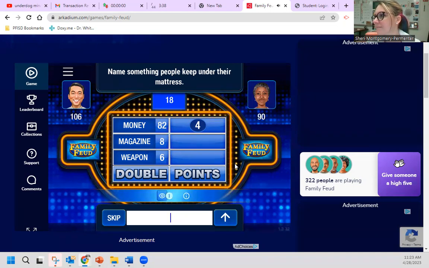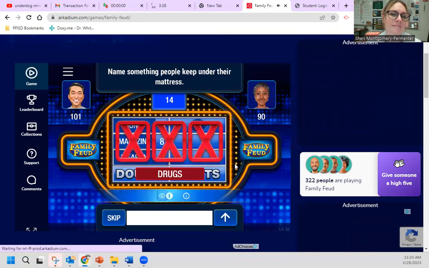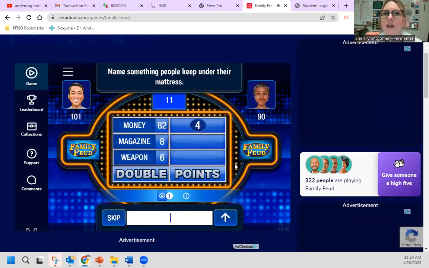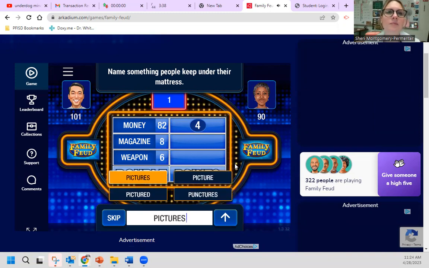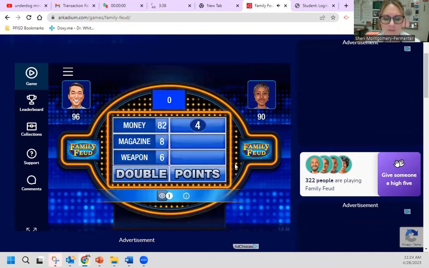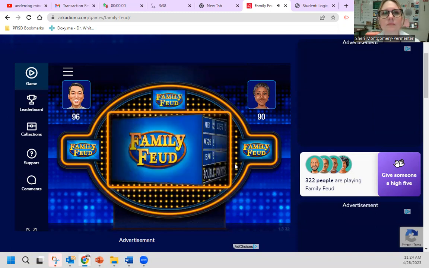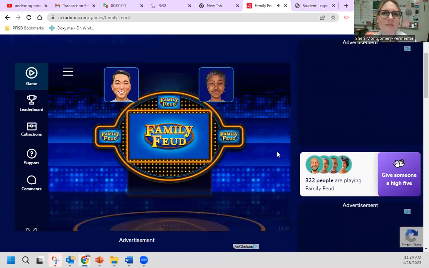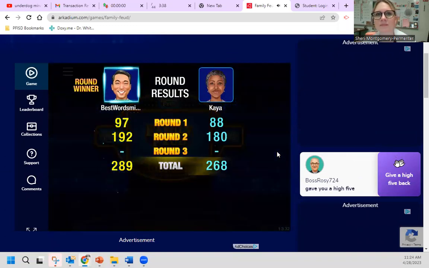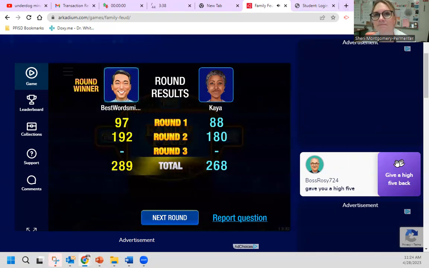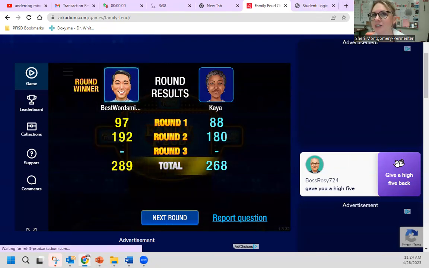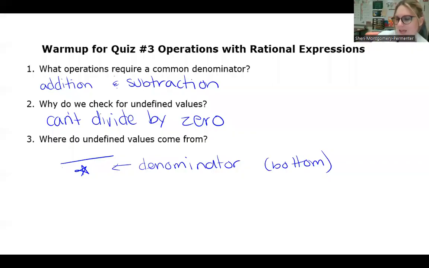What do you think? Drugs. Oh. It's Family Feud, so my guess is there's weapon and magazine, but maybe it's PG. Yeah. Okay, that just told us a lot about your classmate.